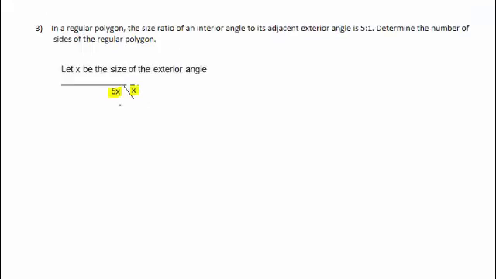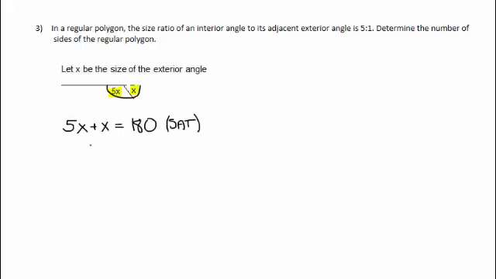The next thing we need to do is solve for x. From this equation and the diagram, hopefully you can see that we could use our supplementary angle theorem because we know that these two angles total 180 degrees. So 5x plus x equals 180 by our supplementary angle theorem.